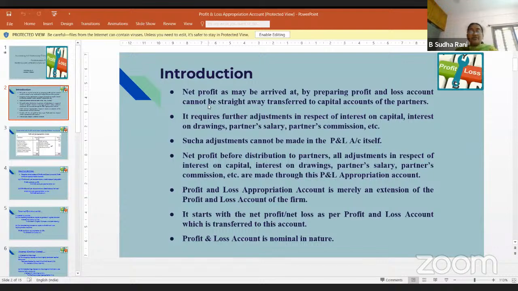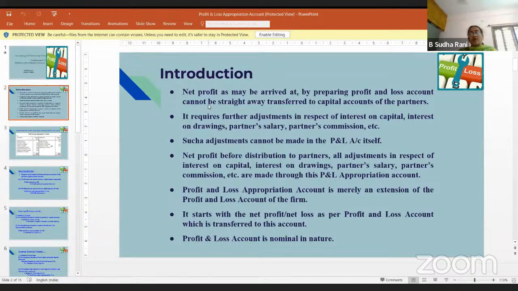But it will not be distributed directly, because once the net profit is realized by preparing the profit and loss account, from that profit any salary, any commission, any interest on capital, any interest on drawings have to be distributed among the partners first.